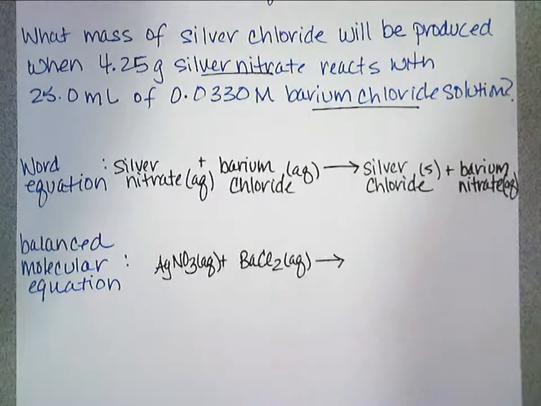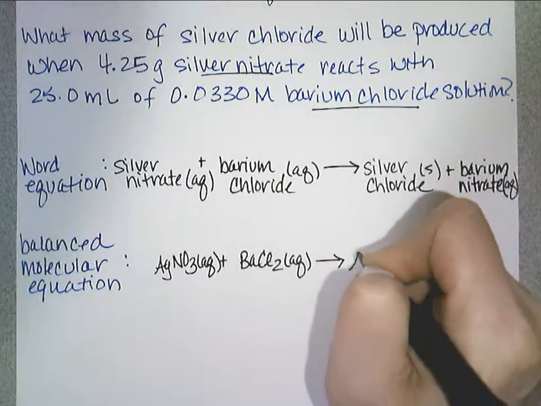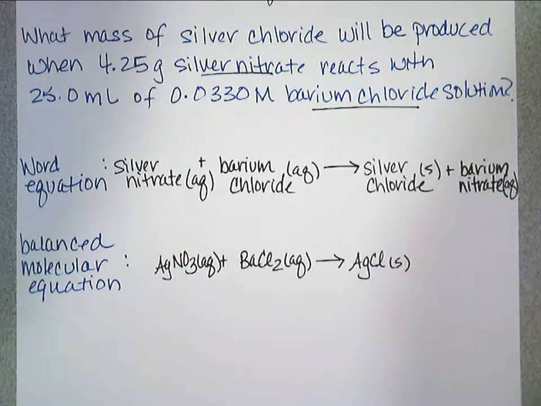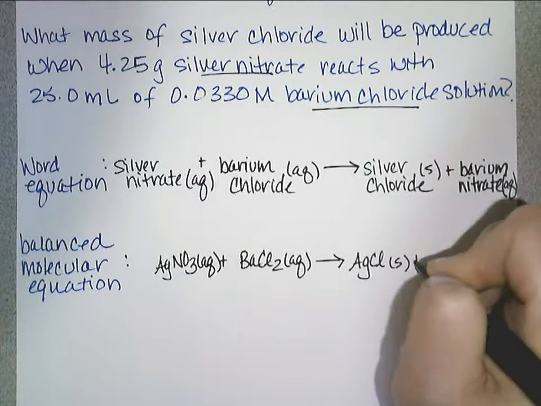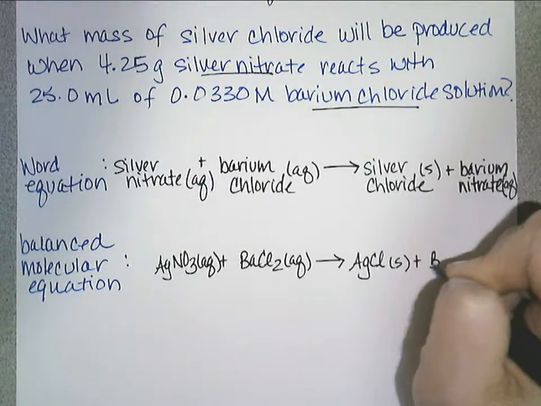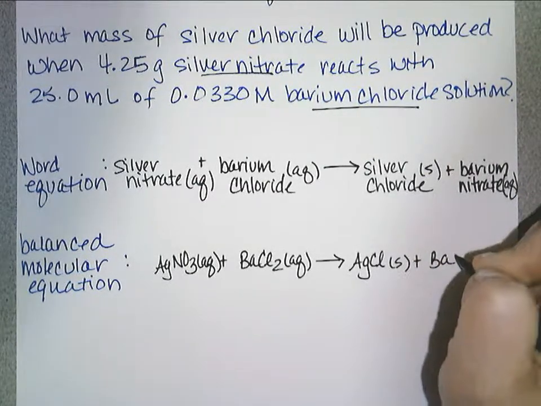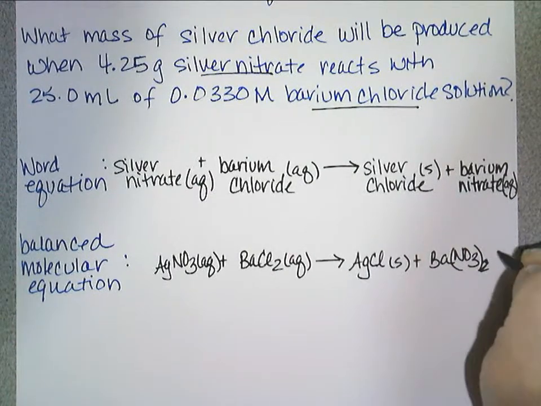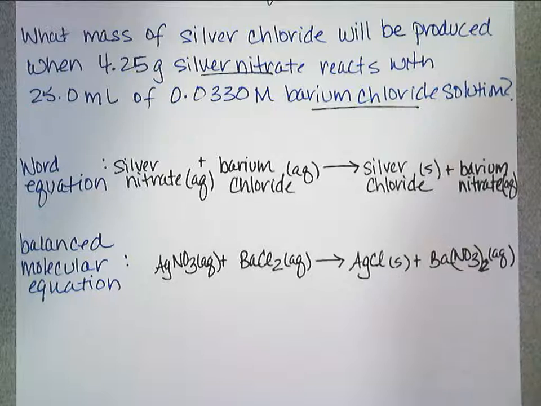Yields AgCl solid, because it's insoluble, plus Ba(NO3)2 aqueous.